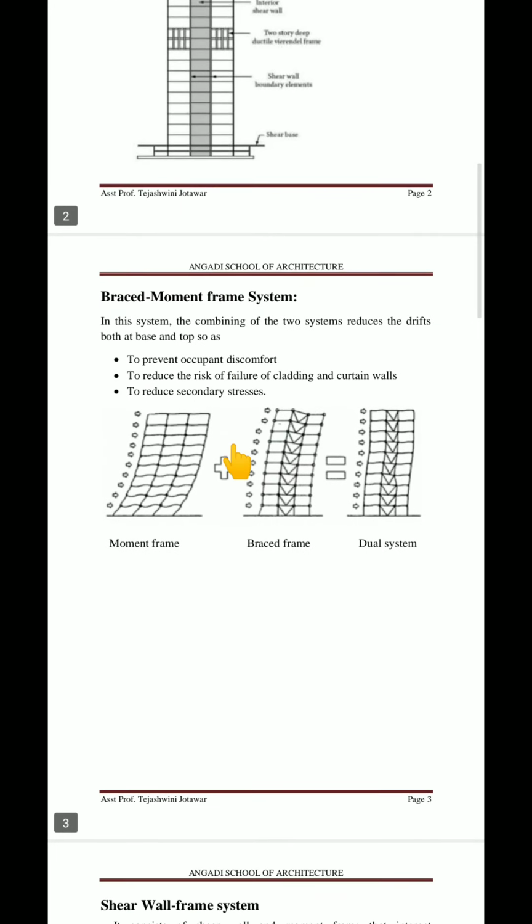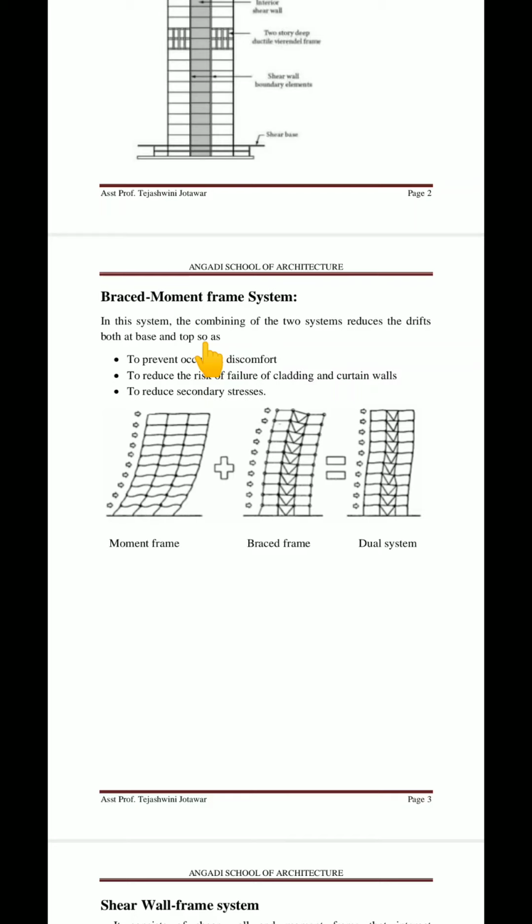So let us start with the very first type of dual system, that is the braced moment frame system. Braced moment frame means we are combining two general lateral load resisting systems, the braced system and the moment frame system. By combining these two, I can reduce the drift at both the base as well as the top of a structure.